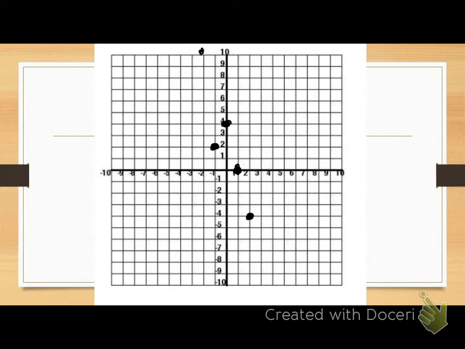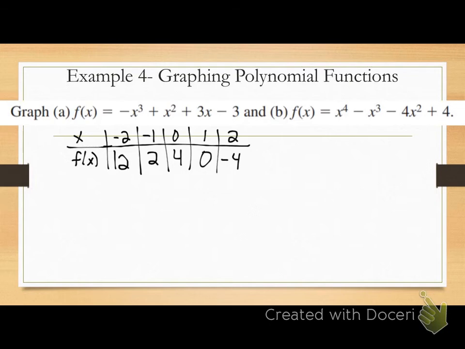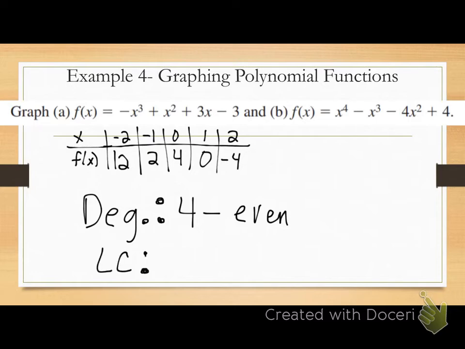I need to look at the end behavior of my graph. So, my polynomial function. What is the degree in this case? 4, which is even or odd? Even. What's my leading coefficient? Positive 1, right?